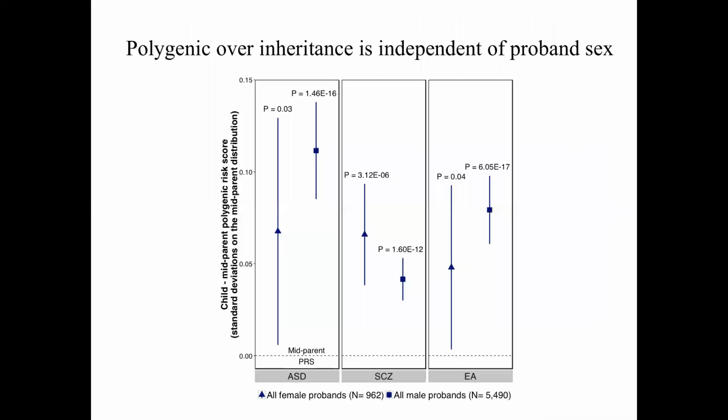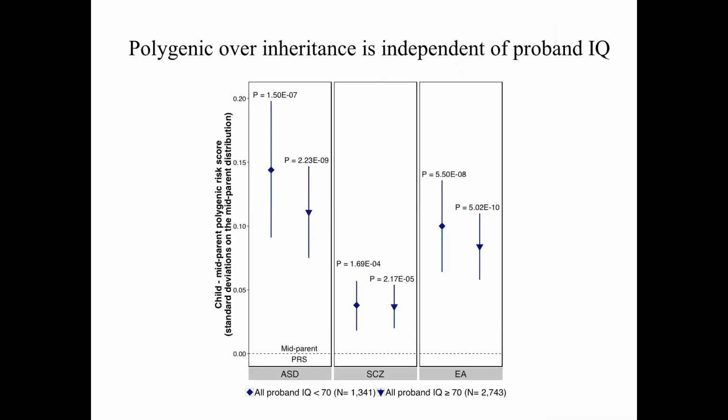We then showed that this finding was independent of proband sex, so stratifying by male and female probands, also independent of proband IQ, which is an interesting finding, particularly in the right panel. So we see that autism probands with low IQ in the intellectual disability range are still genetically predicted to be the smartest members of their family.